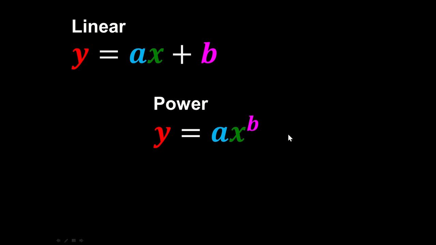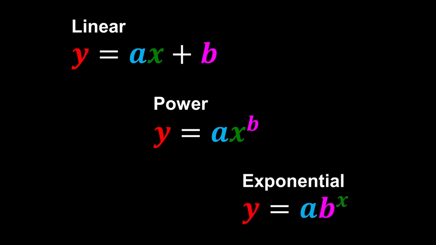The third form that it could take on would be an exponential relationship, where y equals a number times a number raised to the variable, where the variable itself is the exponent. Here, the variable got raised to some power.